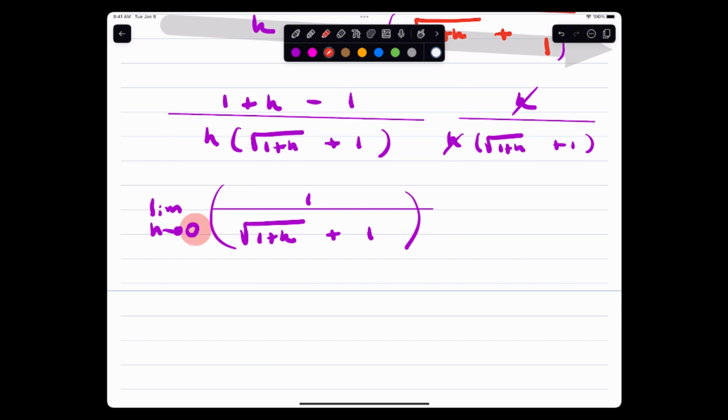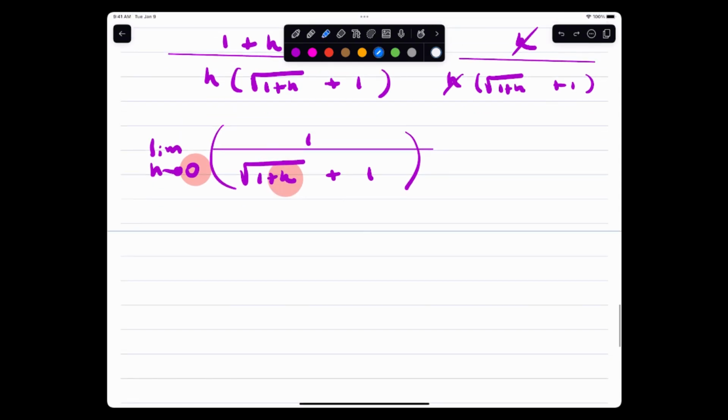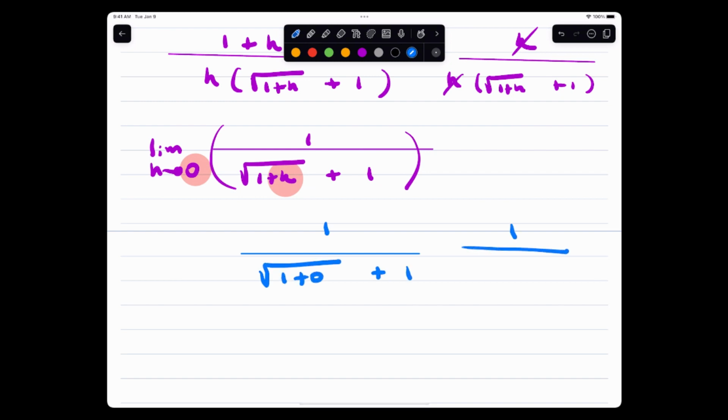So what does direct substitution do for you now? Plug in 0 for h. 1 over the square root of 1 plus 0, plus 1, gives you 1 over the square root of 1, plus 1.